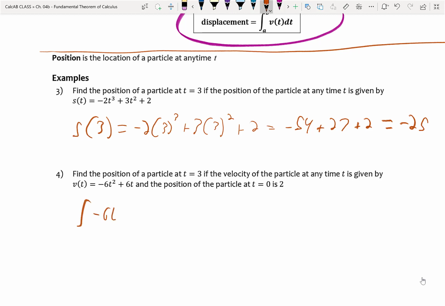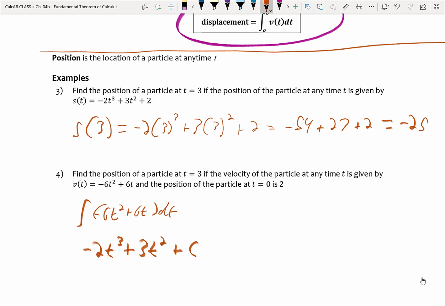Okay, so integral of v of t. I'm going to stop you there for just a second when we do it. This is going to be negative 6t cubed over 3, so negative 2t cubed plus 3t squared plus a constant. Then set the t's equal to 0.